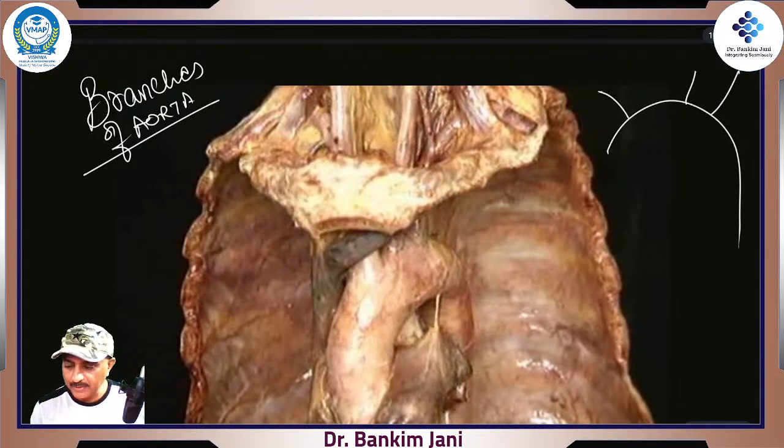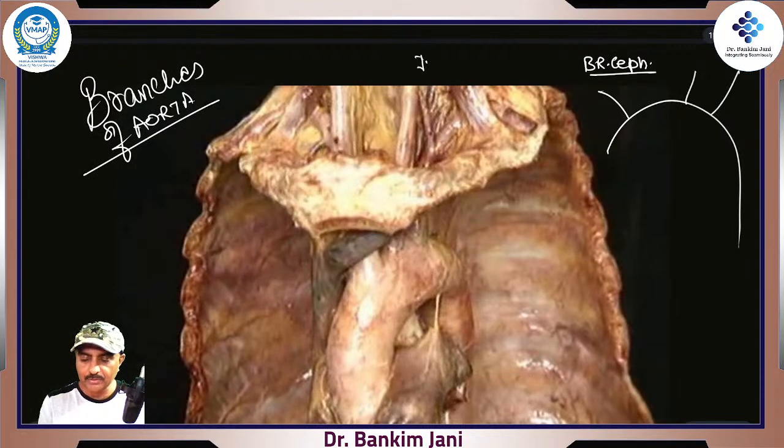So the first one would be the brachiocephalic artery, or it is also called the innominate artery.